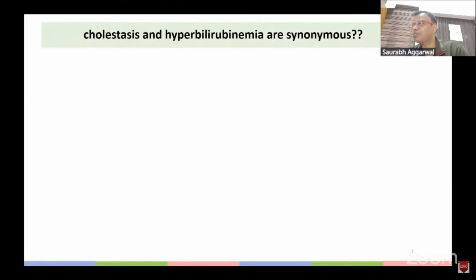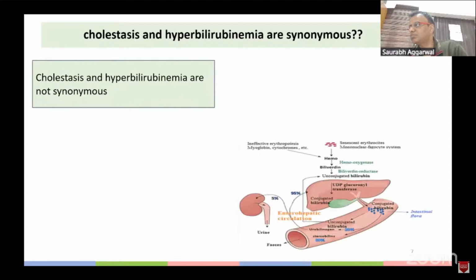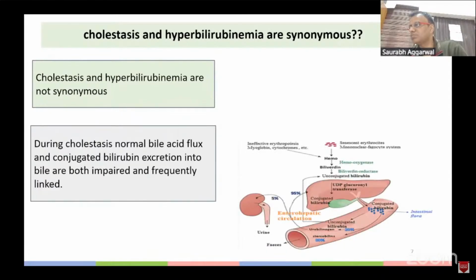Are cholestasis and hyperbilirubinemia synonymous? No, definitely not. During the phase of cholestasis, the normal bile acid flux and the conjugated bilirubin, which are normally excreted into the bile and subsequently to the duodenum, get hampered.